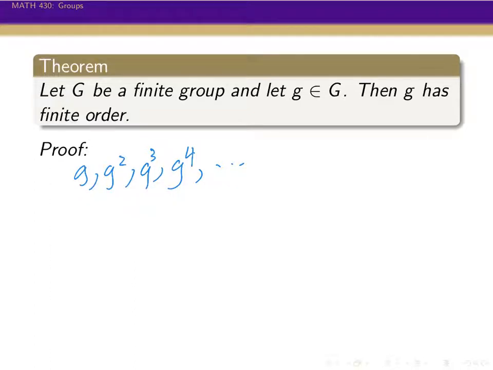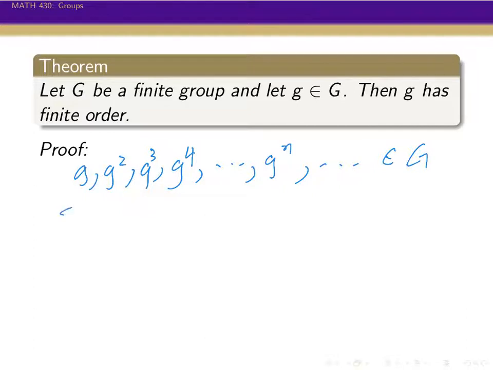Now, since we can keep going these powers higher and higher, by closure, each of these are inside the group, right? But the group only has a finite number of things total. And so if I have an infinite list, all of things in the group, but there's only finitely many things in the group, that means at some point I have to be getting repeats in this list of powers.